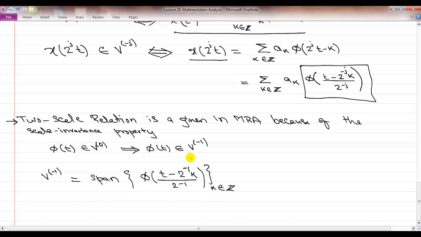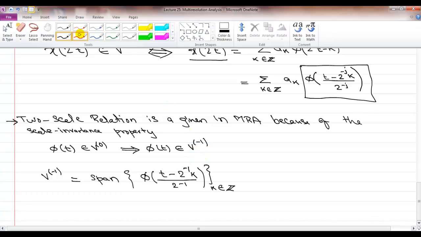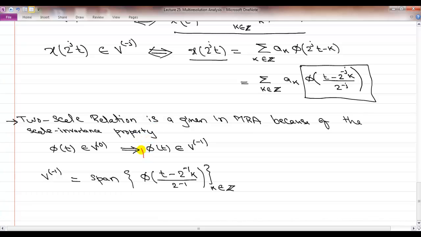So we have, number one, a signal which belongs to V of minus 1. And we know the orthonormal basis for V of minus 1. So by the definition of basis, we should be able to write phi of t as a linear combination of the scaled versions of phi of t itself, because these are the bases, and this is the function that lives in the span of that basis.